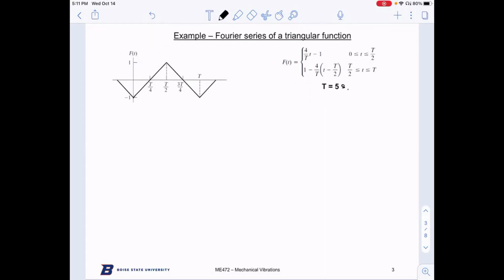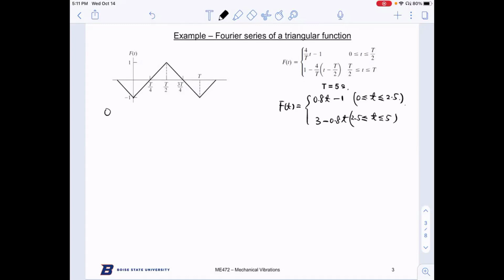So if T is 5 seconds, then we can rewrite our force function. That is 0.8t minus 1 when t is greater than 0 and smaller than 2.5 seconds. And then it's 3 minus 0.8t when t is greater than 2.5 and smaller than 5 seconds. All right. So that is our f(t) function.